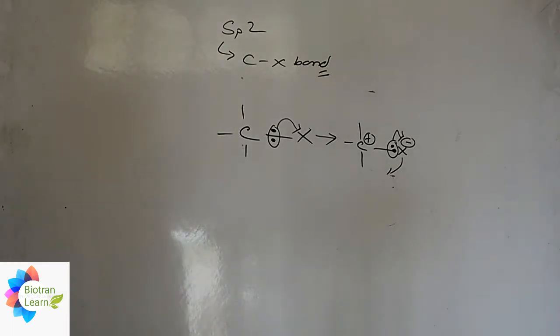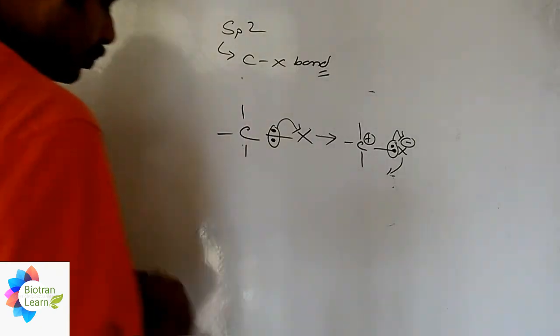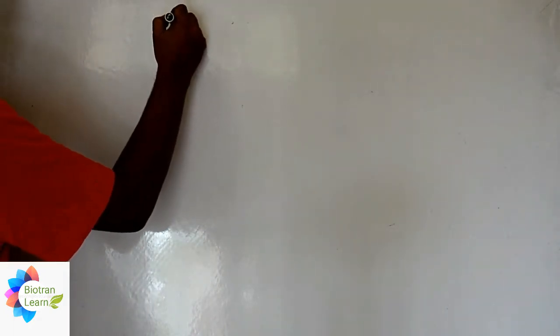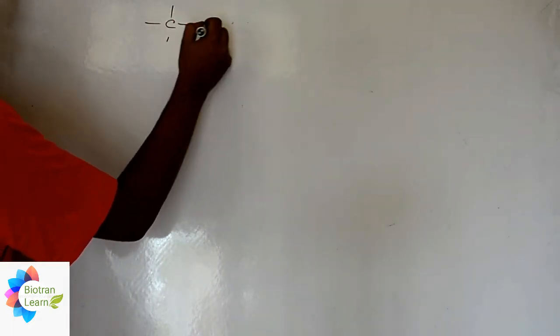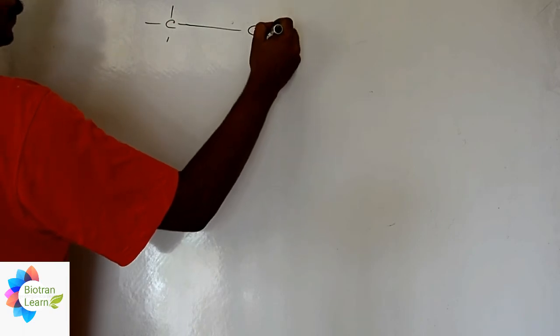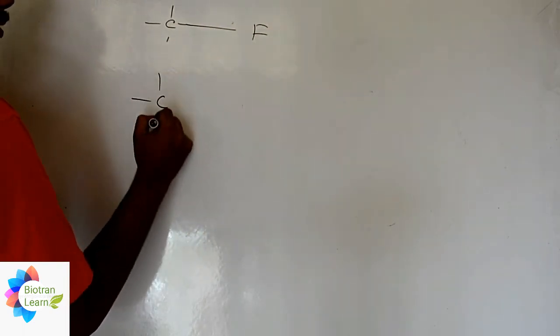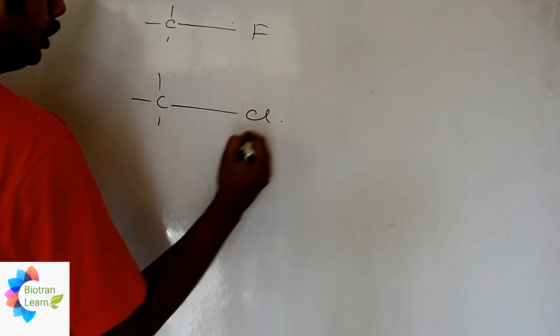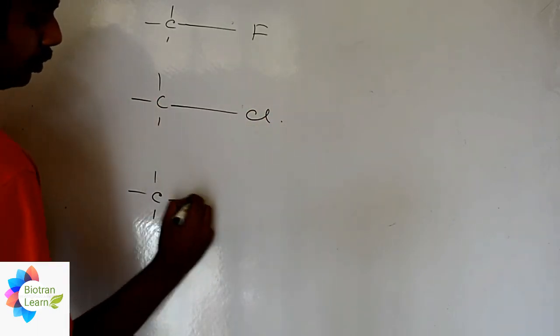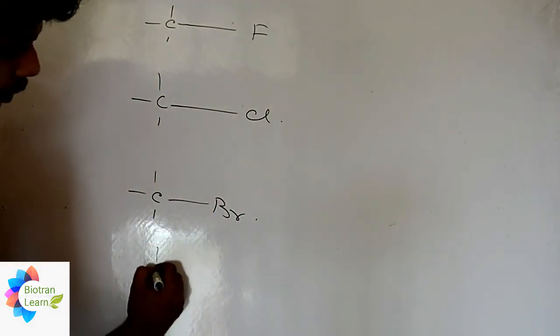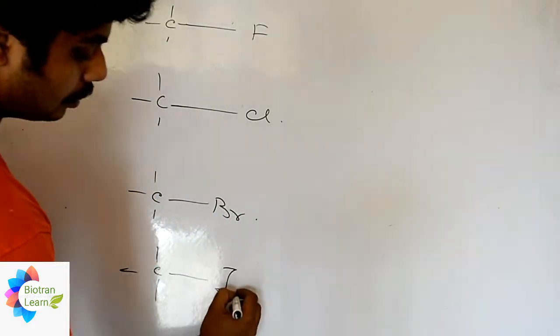Now, moving down the group, in the case of halogens, group 17, we observe chlorine, bromine and iodine.